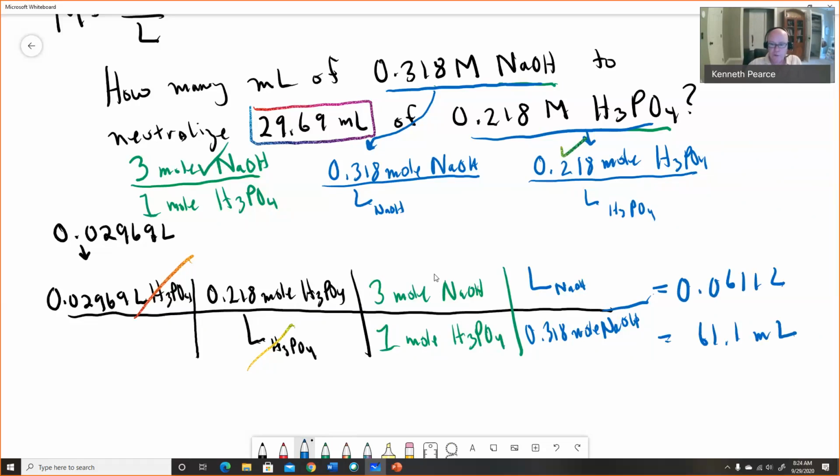And so that's milliliters of the 0.318 molar sodium hydroxide. And there you go. So now I have the milliliters of sodium hydroxide to do this problem.